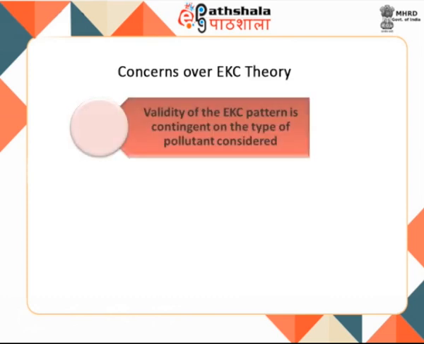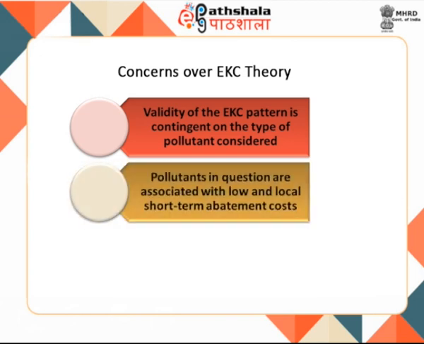The validity of the EKC pattern is contingent on the type of pollutant considered. The inverted U shape has been supported mostly when the pollutants in question are associated with low and local short term abatement costs.